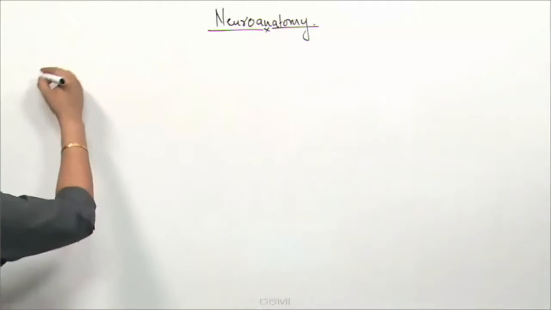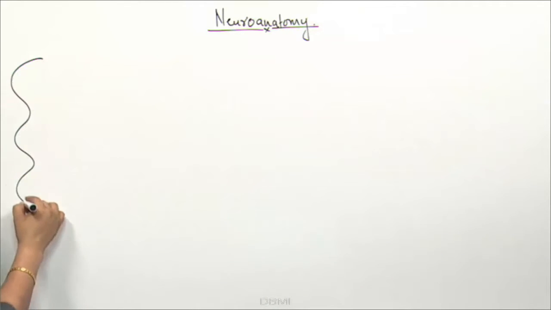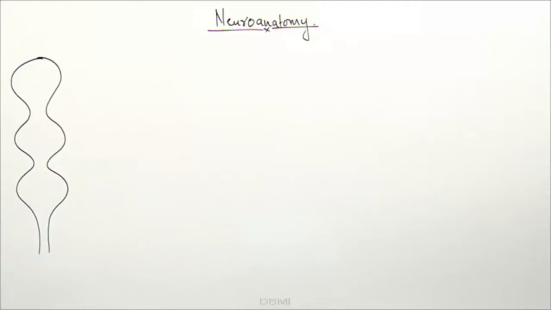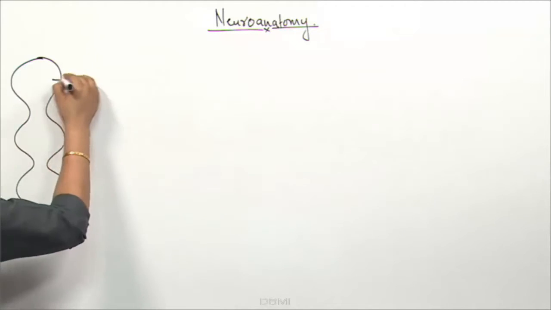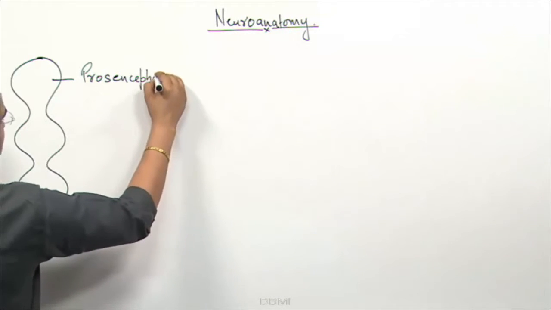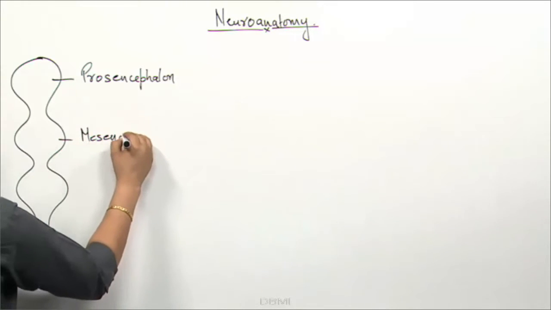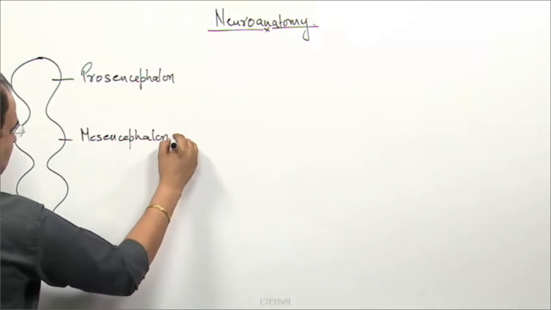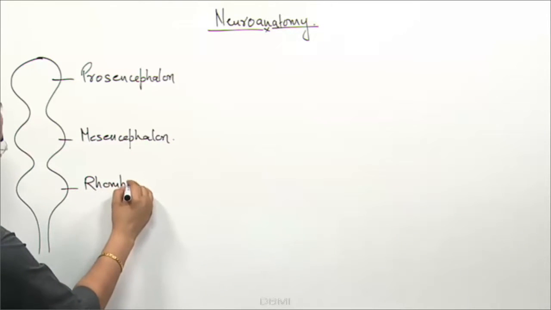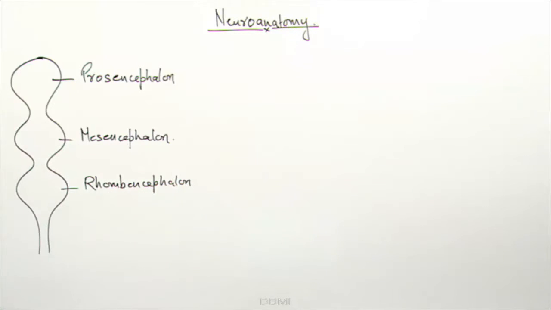So let's say we have these primary brain vesicles here, that is, let's say these are the three primary brain vesicles, that is prosencephalon, mesencephalon, and rhombencephalon.